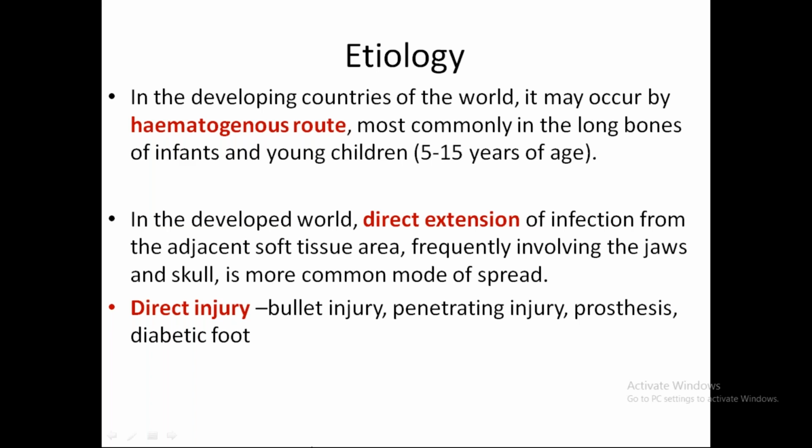Direct extension from the adjacent soft tissue area, frequently involving the jaws and skull, is a more common modality of spread. Also, direct injury like penetrating injury during any trauma, bullet injury, or prostheses placed within the bone after surgery. Diabetic foot, these are the causes where injury because of a foreign body does occur.